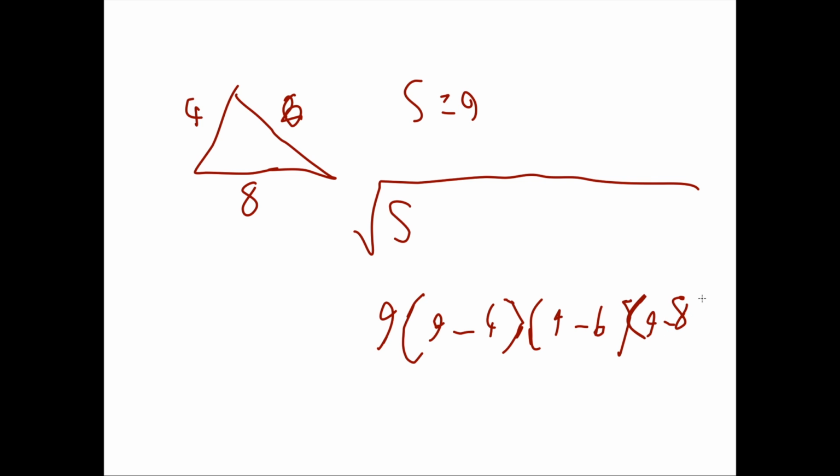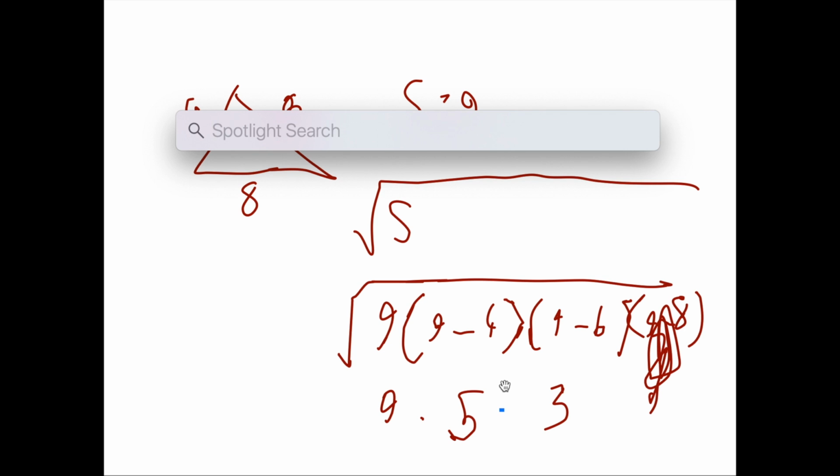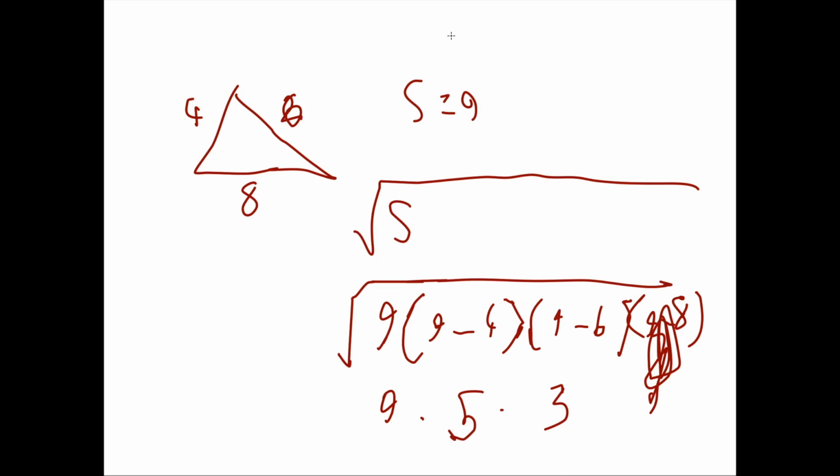Now we have our equation. 9 minus 8 is 1, so that's not going to change the value. 9 minus 6 is 3, and 9 minus 4 is 5, and this is 9. 9 times 5 times 3, I'm just going to use the calculator because I'm lazy. It's 135.